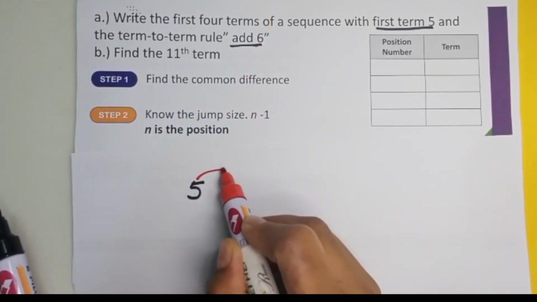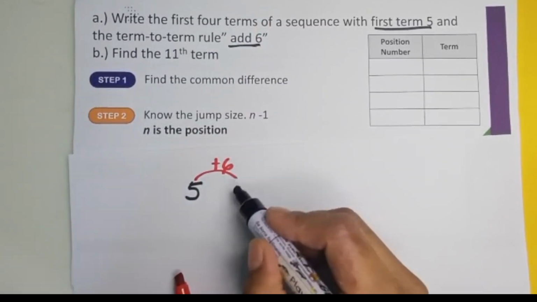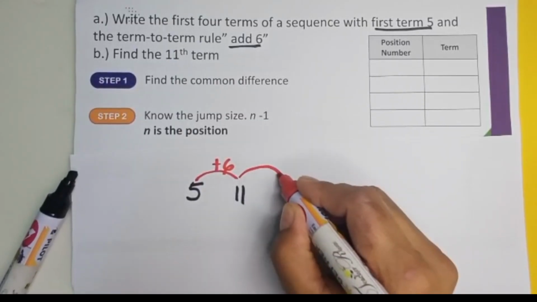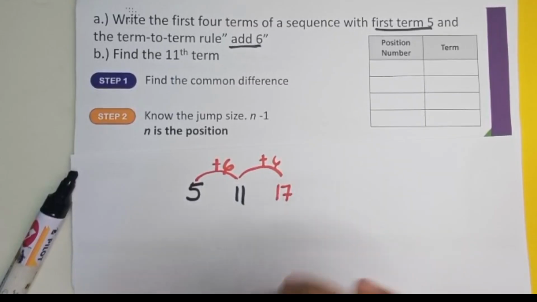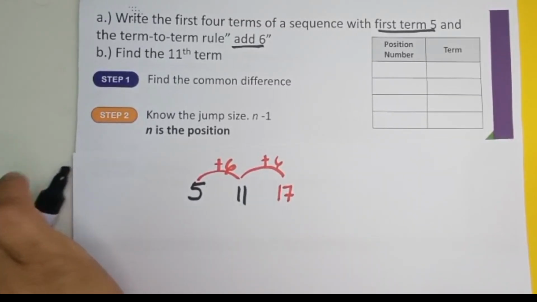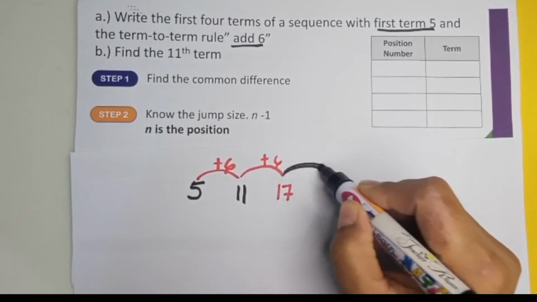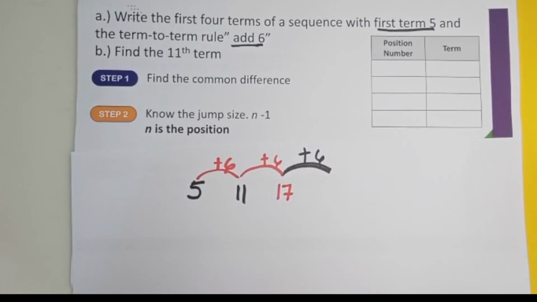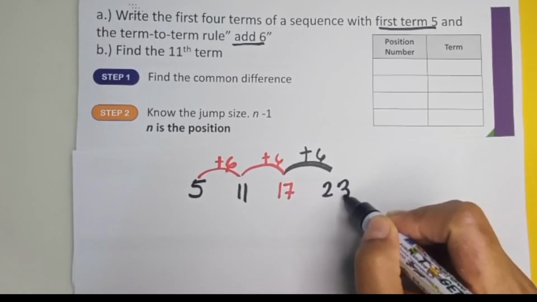So 5 plus 6 gives me 11. Plus 6 again gives me 17. Plus 6 again: 17 plus 6 gives me 23.